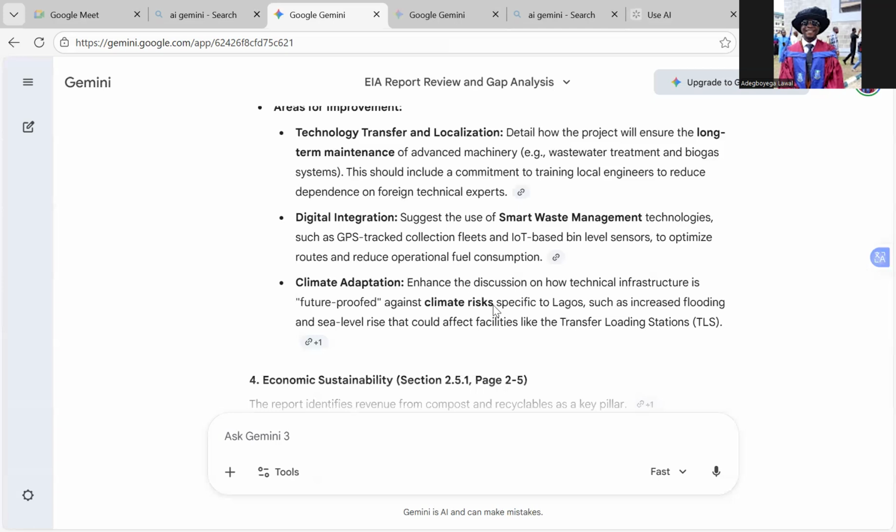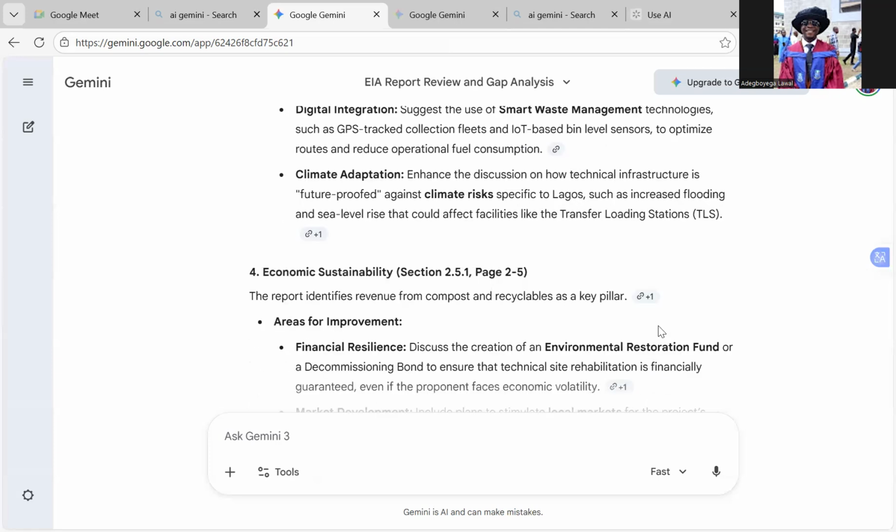Climate adaptation: enhance the discussion on how technical infrastructure is being made fool-proof against climate risks specific to Lagos, such as increasing floods and sea level rise that affect facilities like the transfer loading stations. So this is another area of improvement.